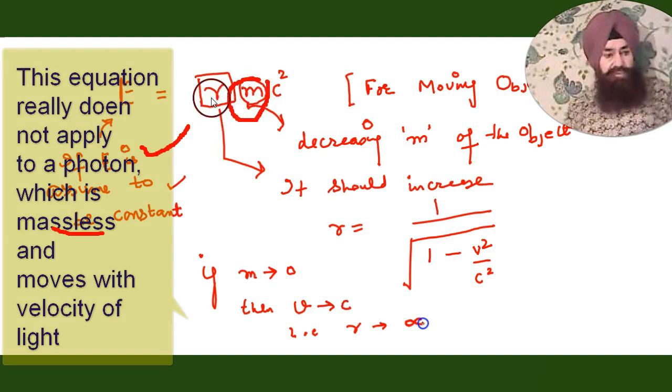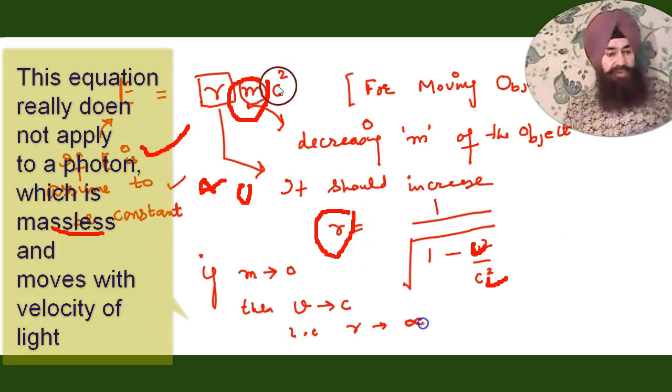If m equals 0, and we know well that photons move with the velocity of light, so gamma becomes infinity. Now infinity multiplied by 0, this is a problem for mathematics.